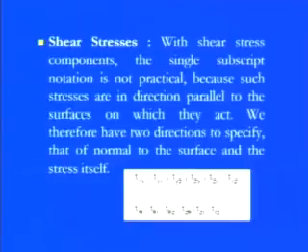That's why the shear stress components are always discussed in two coordinates. As you see in this slide, with the shear stress component the single subscript notation is not practical, because such stresses act in the direction parallel to the surfaces on which they act. So we have two directions to specify: that of the normal to the surface and that of the stress itself, meaning what is the domain and what is the direction of the force.